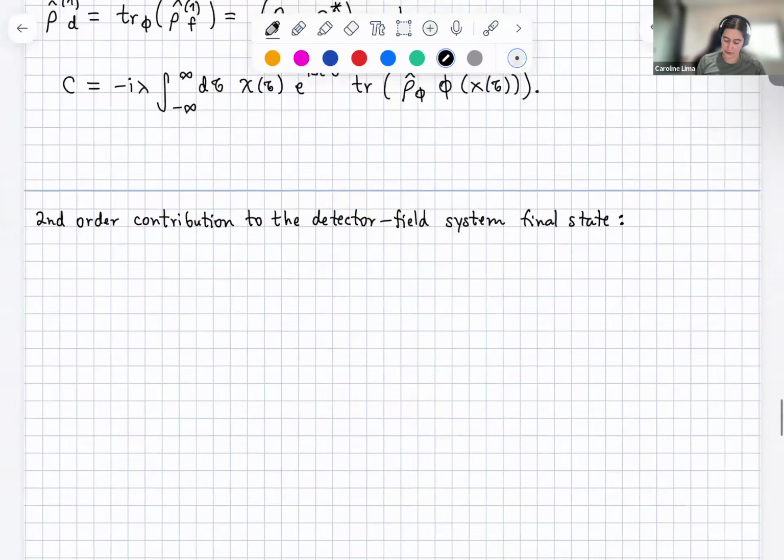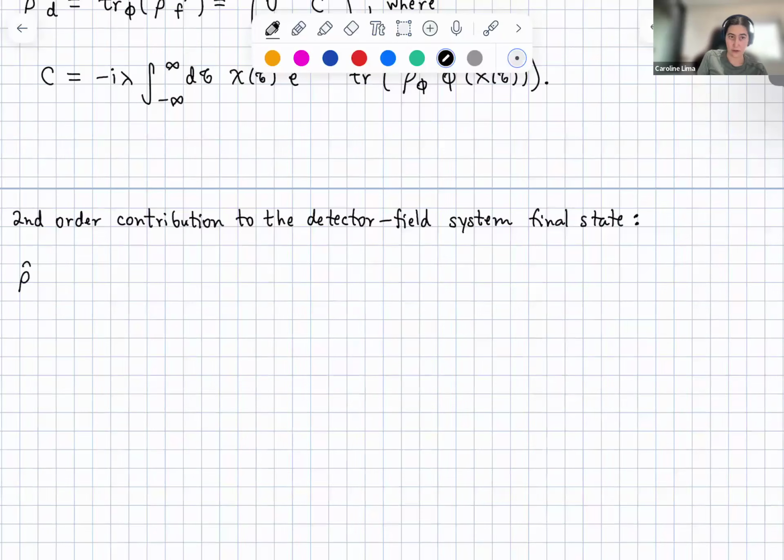Again, as we saw already, that is going to have some contribution from first order, U1 rho 0 U1 dagger, right? And then some contribution coming from U2.